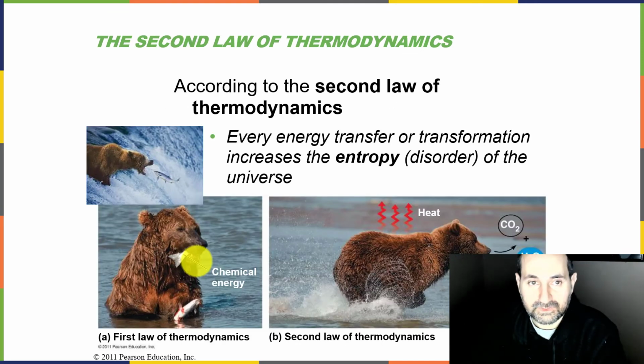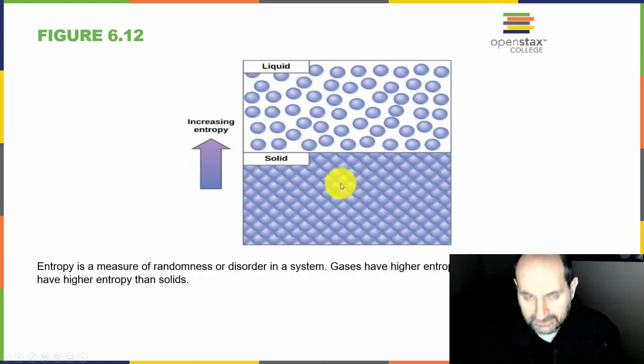So first law versus the second law. The second law of thermo, and that is that with every energy transfer or transformation, the entropy or the disorder of the universe increases. All right, what else do we want to know?